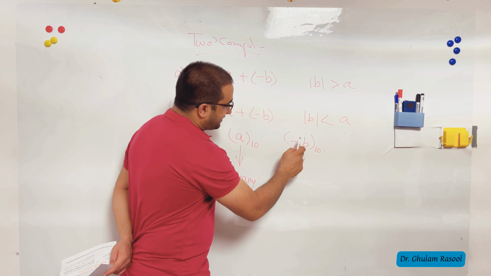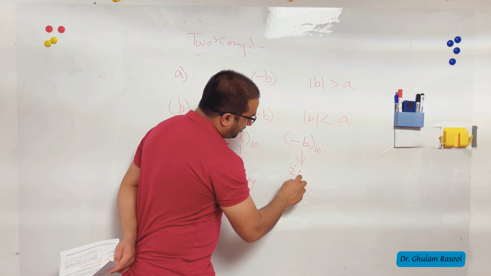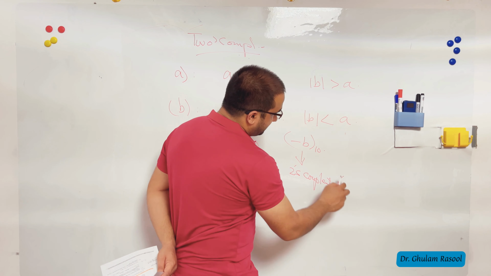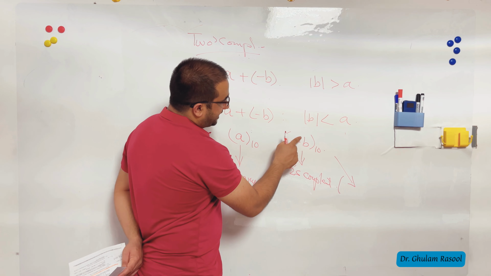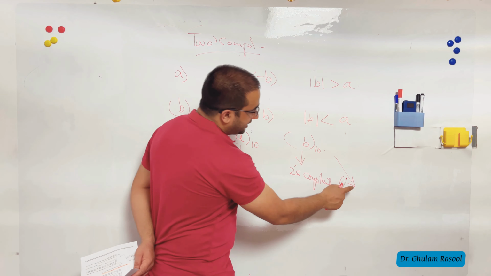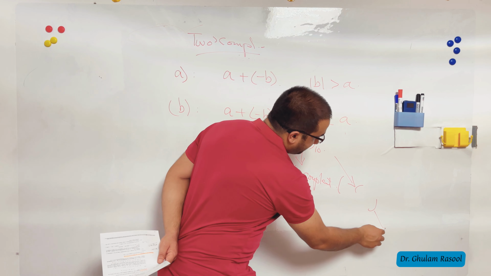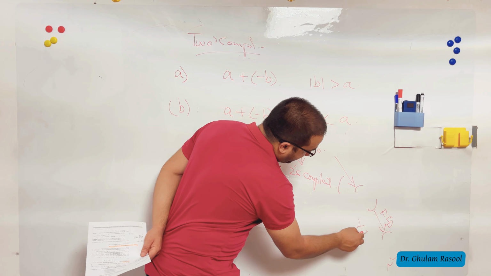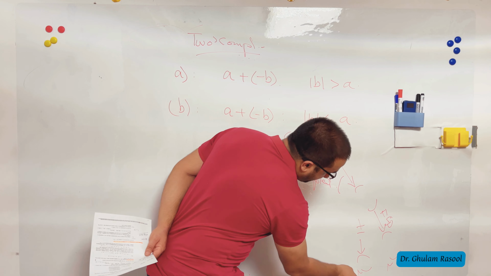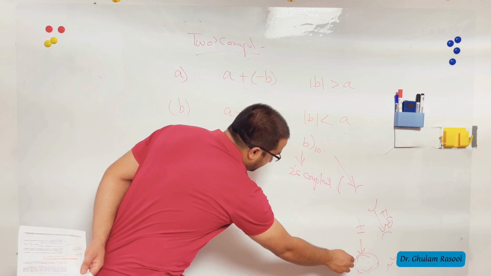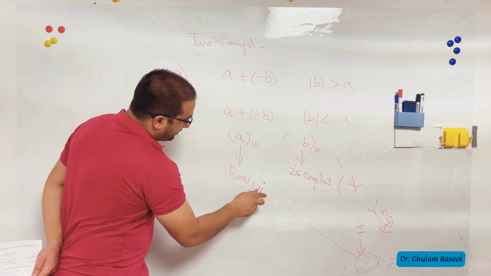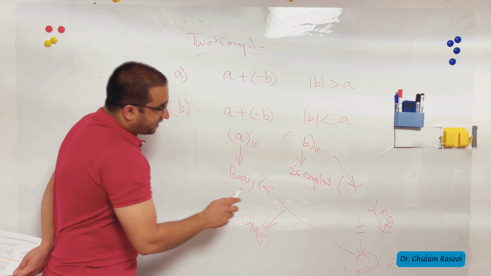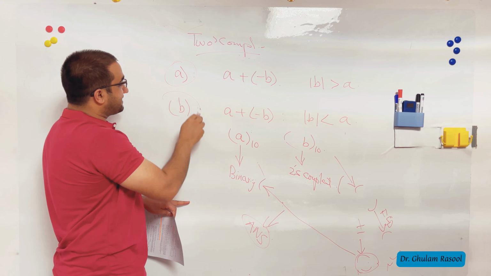So for this number, first you need to find the 2's complement, which means first forget about the negative, convert the B into binary, then flip the digits, and then add 1, it will give you a number. Now this number is a binary number, simply add this number to this binary and this is your answer. So what is the difference between case A and case B?